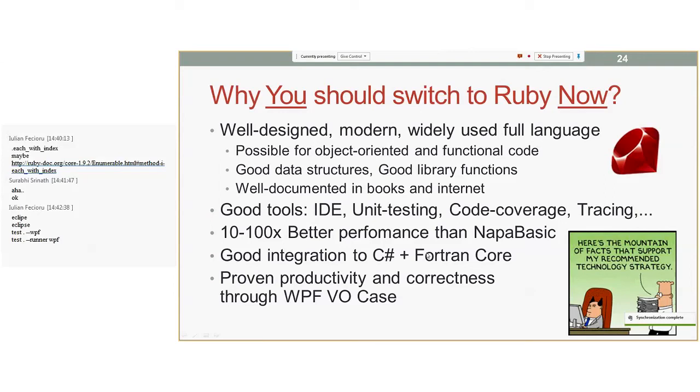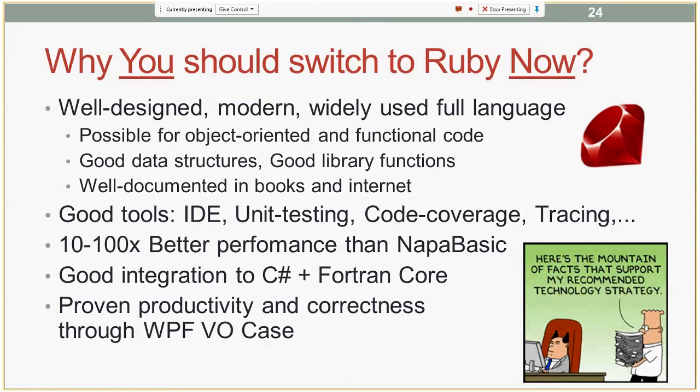Now, of course, C# is the obvious alternative, but we didn't in the end use C# for the transformation because it is much more difficult to produce workable C# from our NapaBasic than workable Ruby. But compared to C#, with Ruby we have even better integration. We can use all the service functions and execute commands in a very natural and simple syntax.